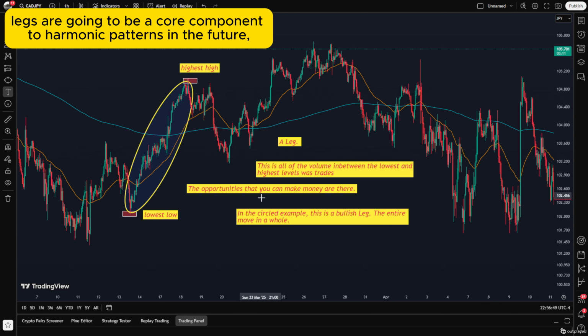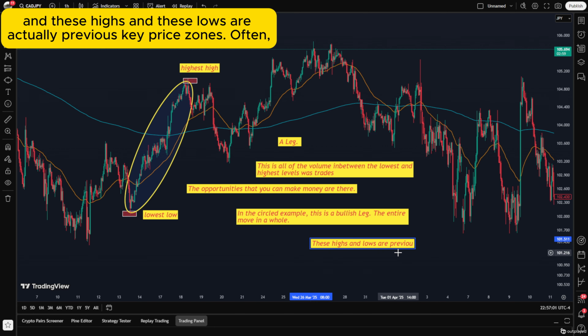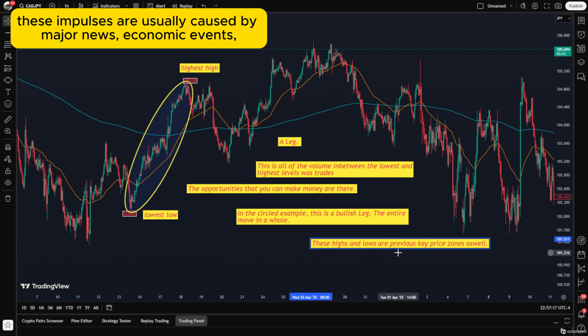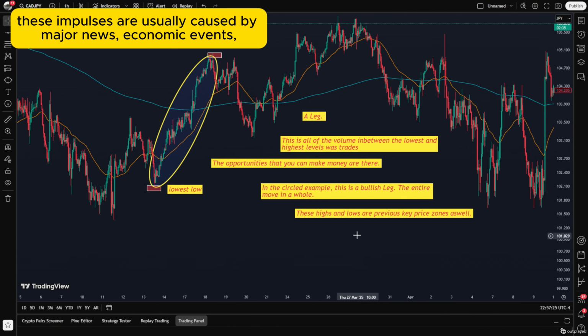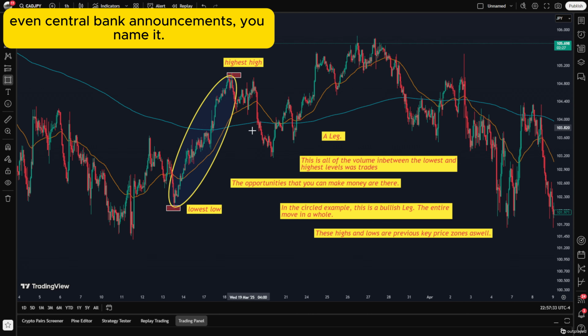Now, legs are going to be a core component to harmonic patterns in the future. And these highs and these lows are actually previous key price zones. Often, these impulses are usually caused by major news, economic events, even central bank announcements, you name it.